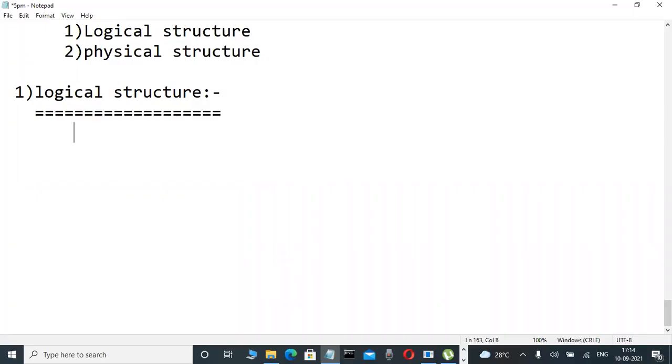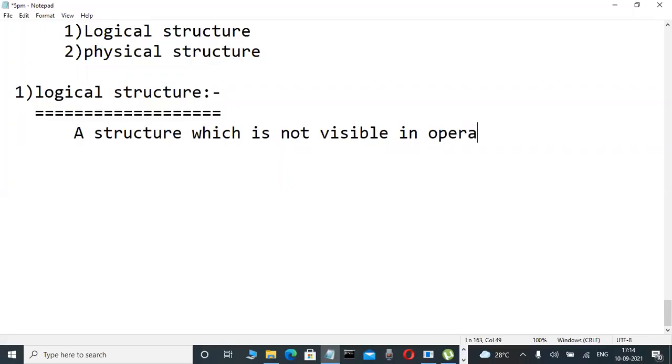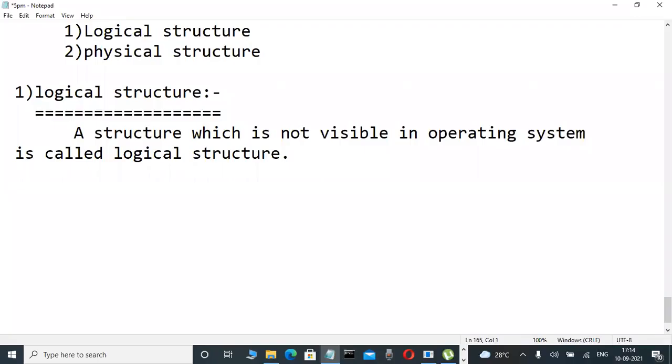Write it down: a structure which is not visible in the operating system is called a logical structure.